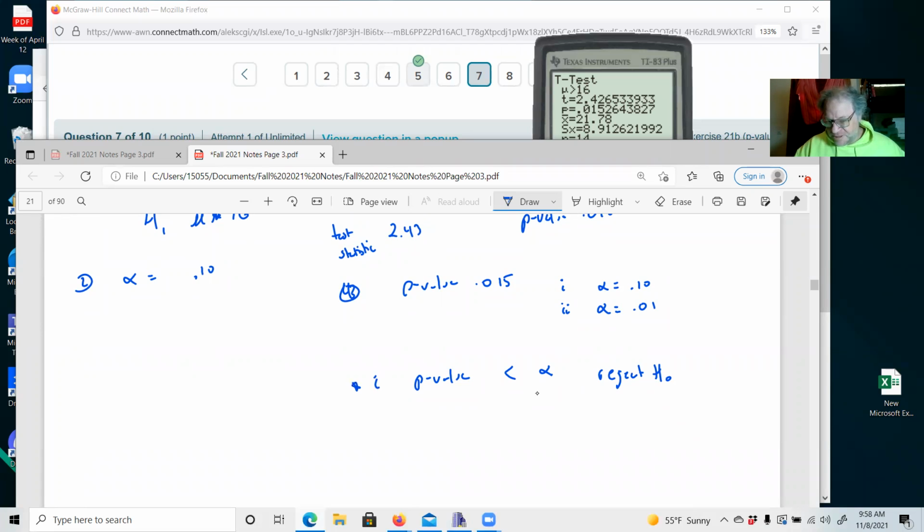Okay, this is the way they asked to spell it out in the book. But if I want to do this unethically, once we know the answer, we can change the alpha and say, oh, I'm sorry, I'm going to report this as p-value is greater than alpha, and we do not reject.